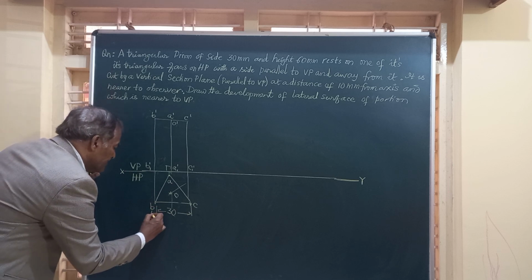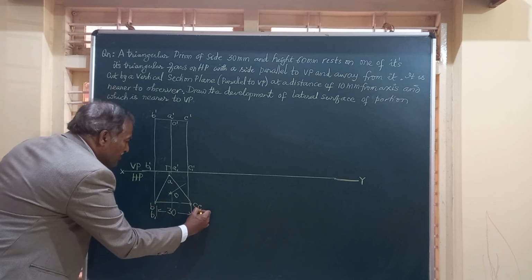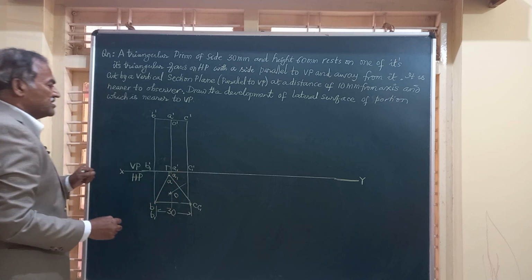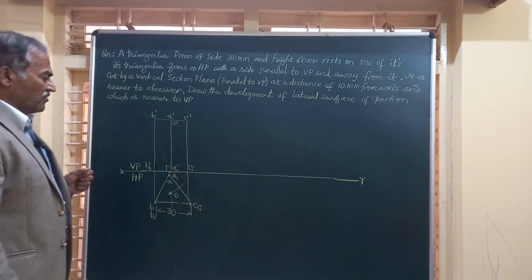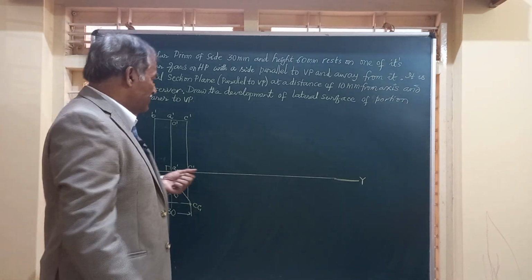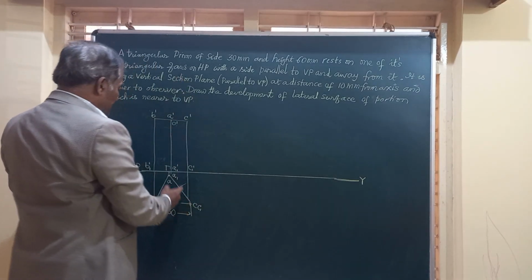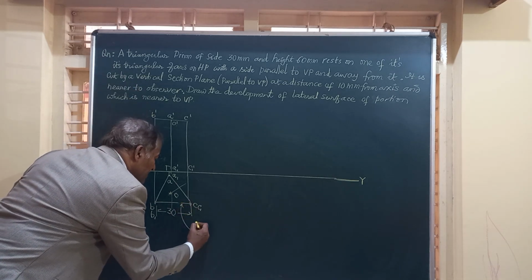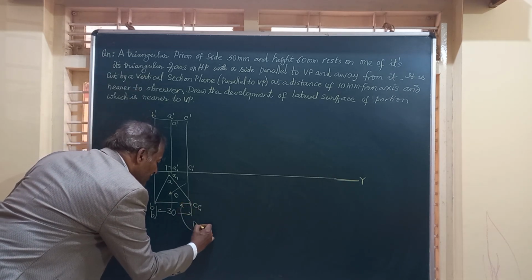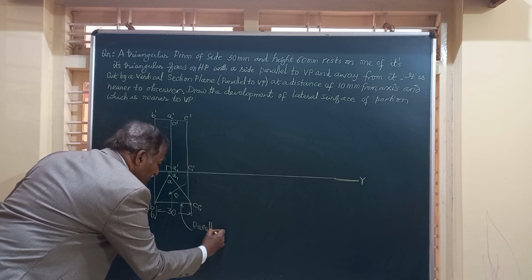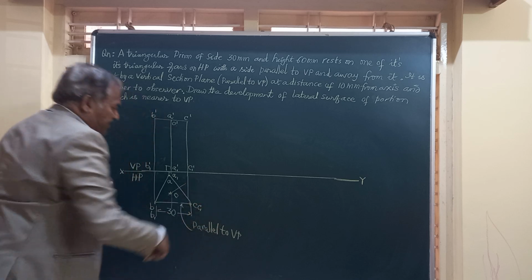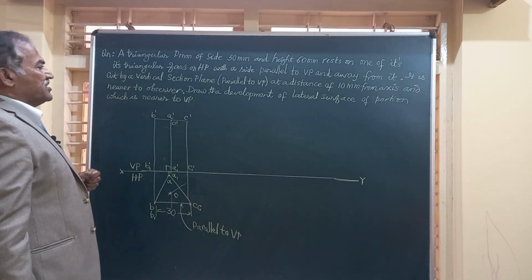Similarly for the top face, BB1, CC1, AA1. So this is how we get the front view and top view of the prism when one of the sides of the triangular face, BC, is parallel to VP and away from it, or it is nearer to the observer.